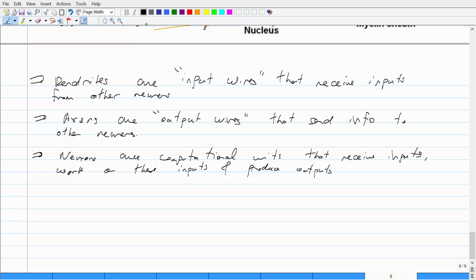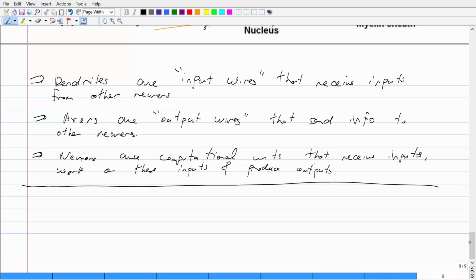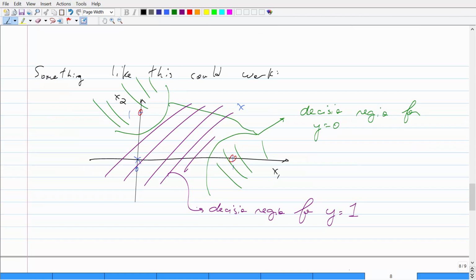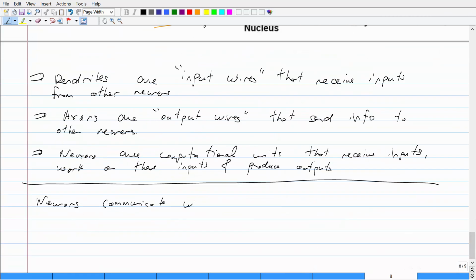Okay, so neurons communicate with each other by sending electrical impulses.